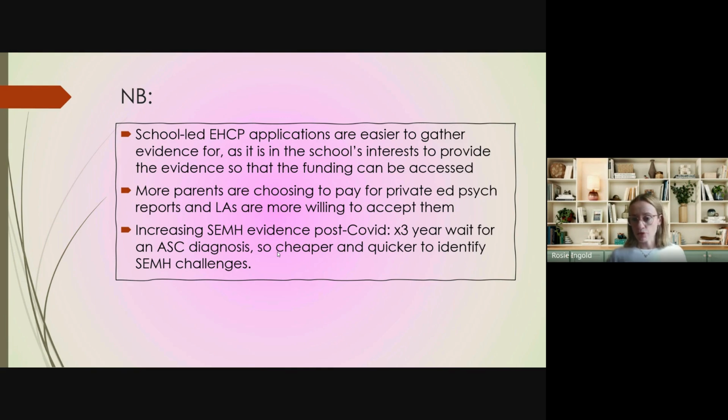When it's led by the school, it's easier in the sense that the school has access to all of the students' reports from all of their subject areas and from pastoral care as well. And it's also in the school's interest to provide the evidence so that they can access that additional funding that student needs.